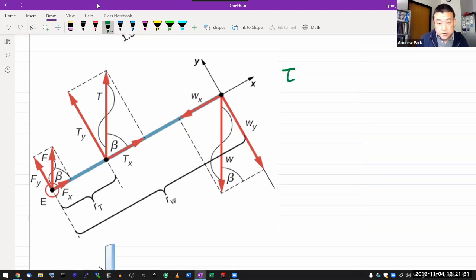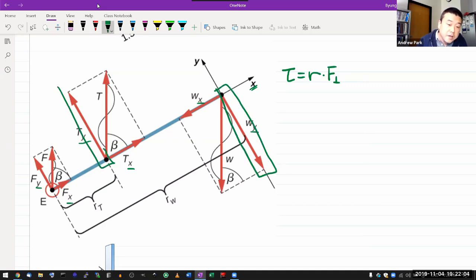It has taken the option to calculate the torque as the displacement times the perpendicular component of the force, because it chose the axis along the direction of displacement and broke all the forces down into components that are parallel and components that are perpendicular. So after having done all this work, it's probably simplest to use this as the perpendicular component of the force and use that to help you finish the calculation.